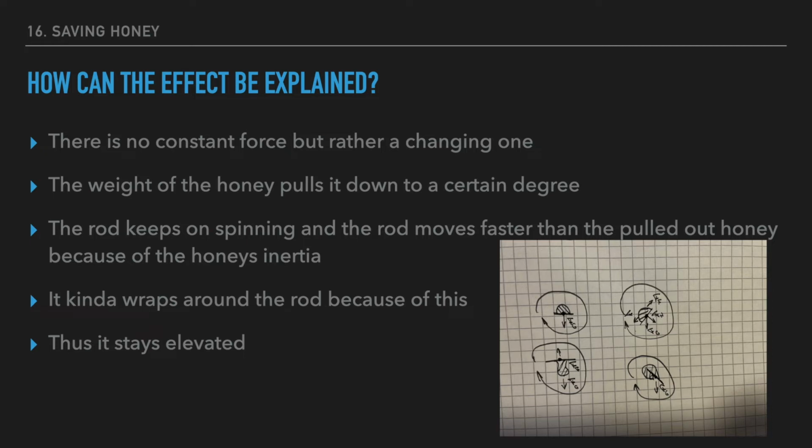The weight pulls the honey down to a certain degree and with certain forces, but the rod keeps on spinning and the honey is pulled out and also kind of wrapped around the rod because of its own inertia, thus explaining how the honey is elevated, which also can be seen in the little sketches now on the down right portion.